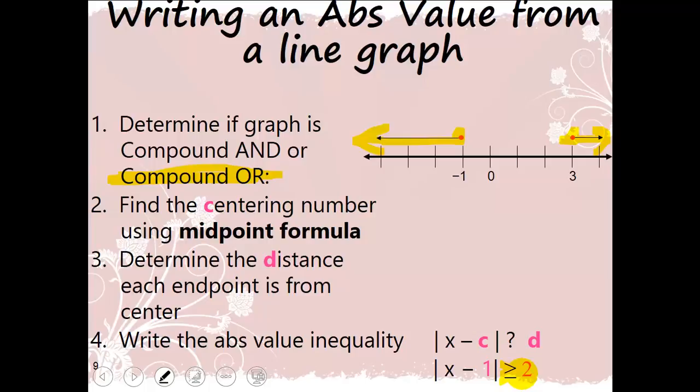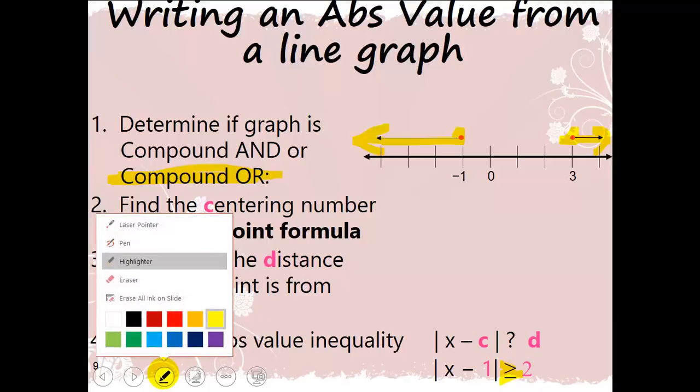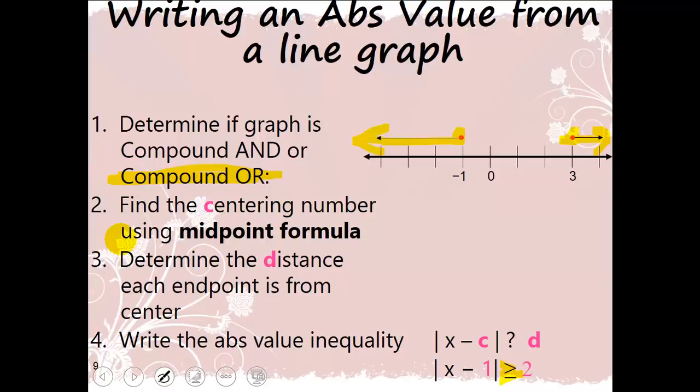What's our centering number? Our centering number is going to be negative 1 plus 3 divided by 2. Add your endpoints together and divide by 2. Average them. And I get 1. Here's my center right here. What's the distance? 1, 2. The distance is equal to 2.